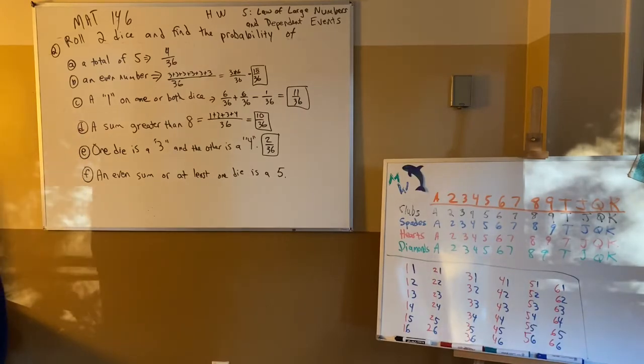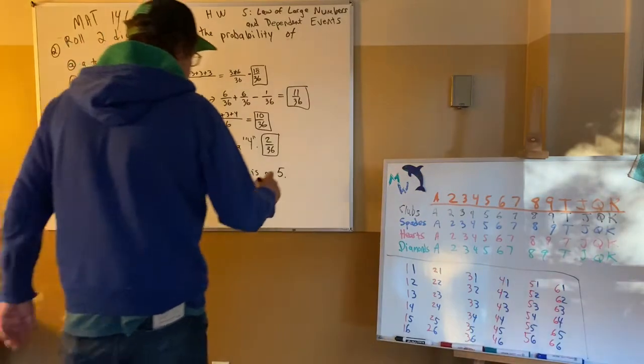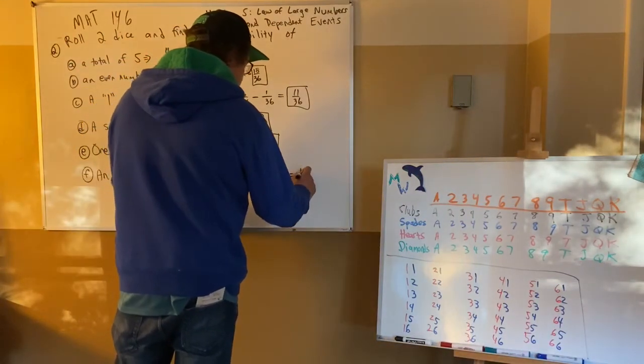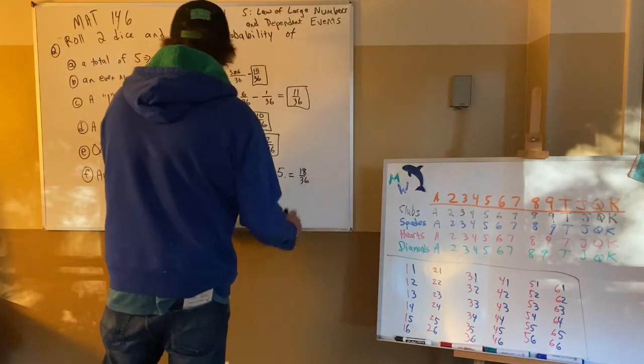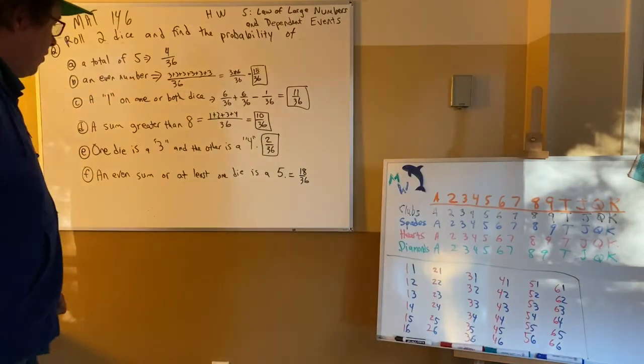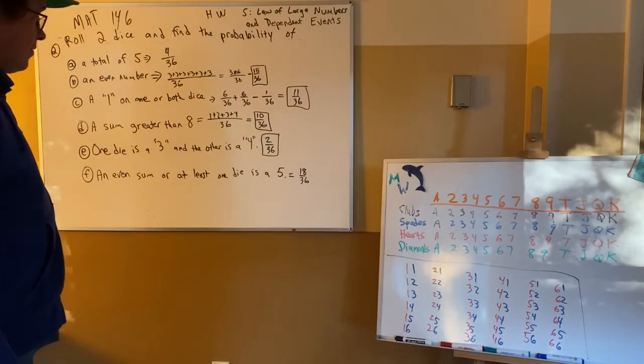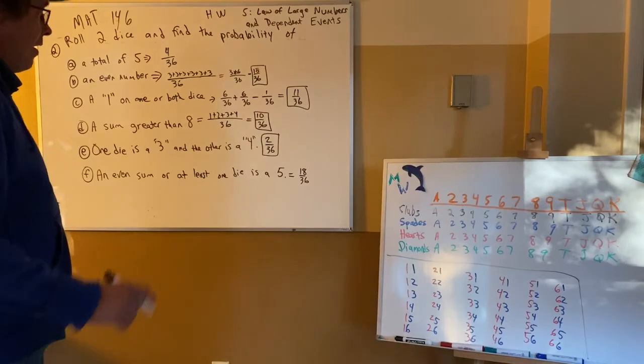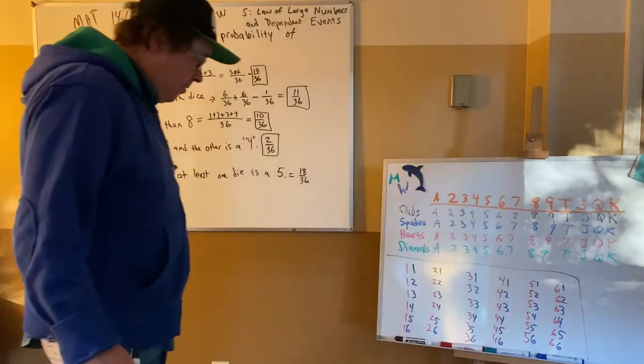An even sum, or at least one die is a 5. An even sum. Well, for an even sum, we know that there were 18 out of 36 that were even. We did that up here. And at least one die is a 5. So we go for the 5s.